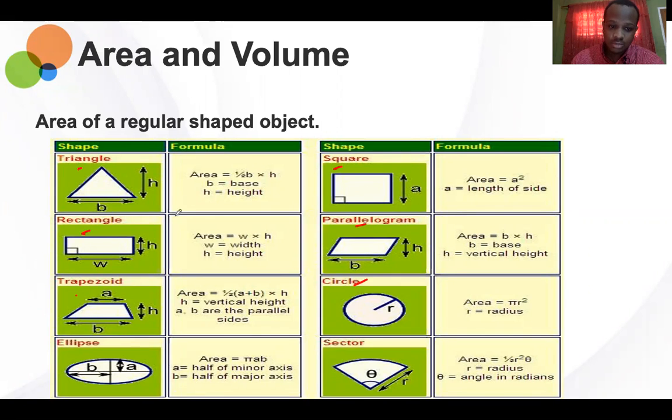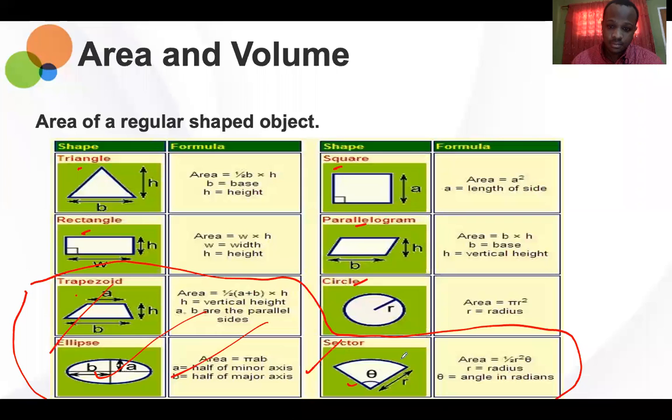For physics, you won't need to necessarily know how to calculate the area of a trapezoid or a sector or ellipse. These are mostly mathematics, so you can omit these for now.